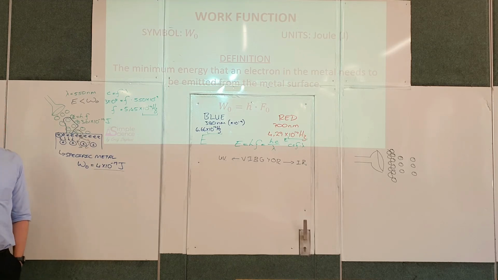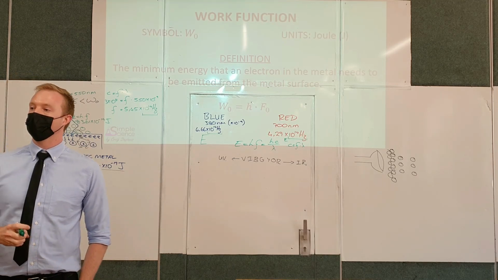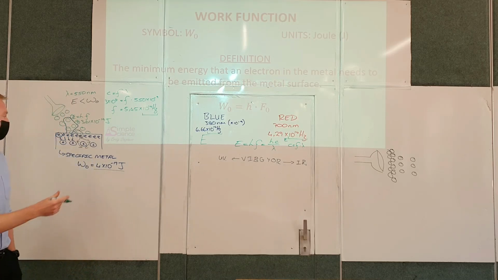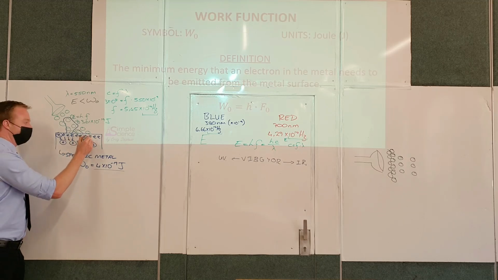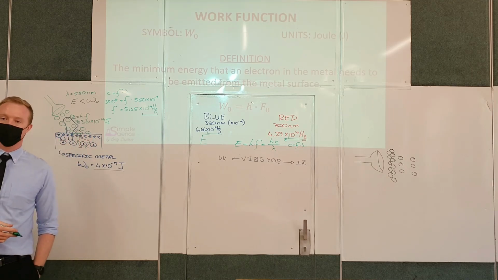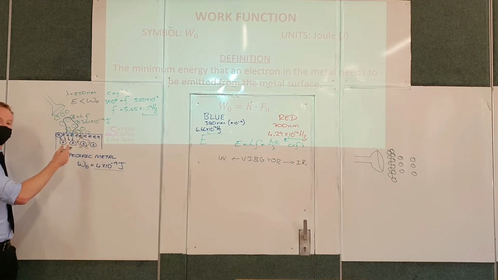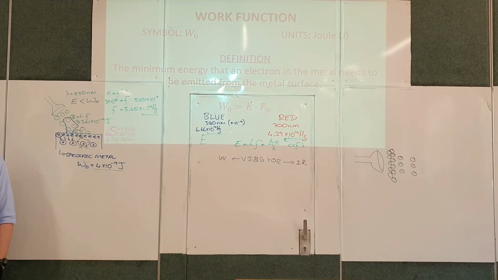And because you know that each electron can only absorb one photon, it doesn't matter how many photons are landing on the surface. Because each photon goes to a separate electron, each electron is disappointed because it didn't get enough energy, and this process just continues where these electrons keep on absorbing energy but not enough, and so again, nothing happens.